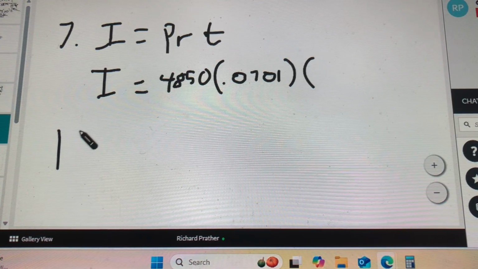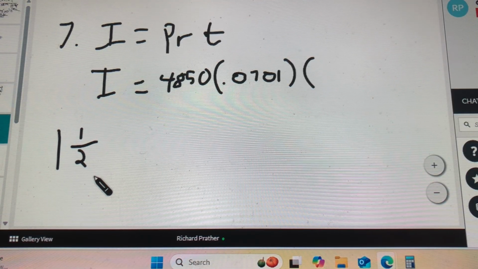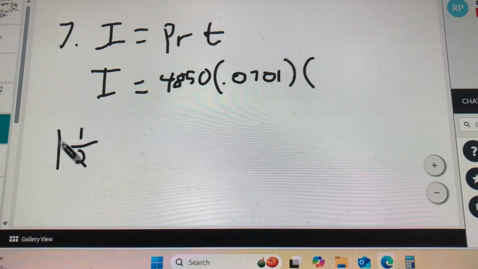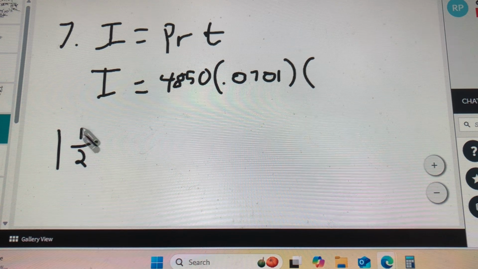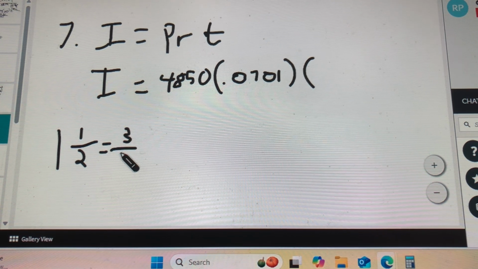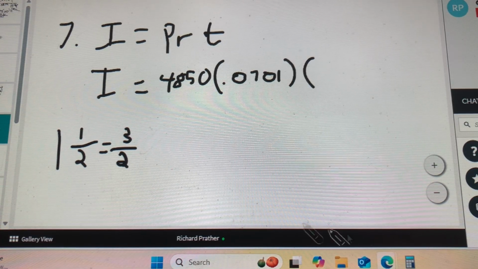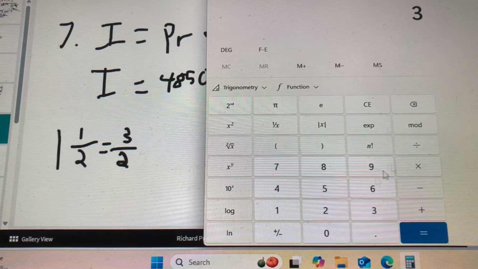I think we did one of these last time. 1.5, if you want to make it an improper fraction, you multiply downward. 1 times 2 is 2. And then you add upward. 2 plus 1 is 3. And then you just put it over 2. 3 divided by 2 is the same thing as 1.5. And 3 divided by 2 is exactly 1.5.